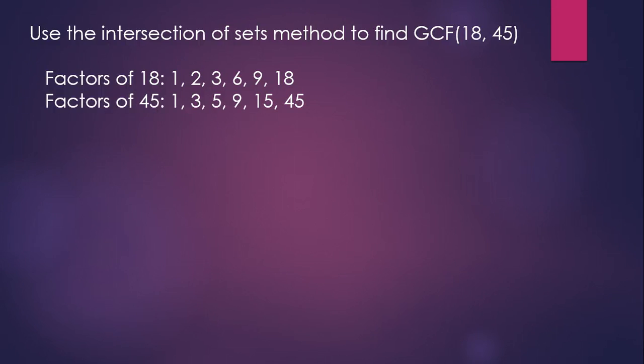And the factors of 45 are 1, 3, 5, 9, 15, and 45. We need the common factors of those two sets, which are 1 and 3. And then we need the largest of those common factors, which in this case is 3. So the greatest common factor is 3.